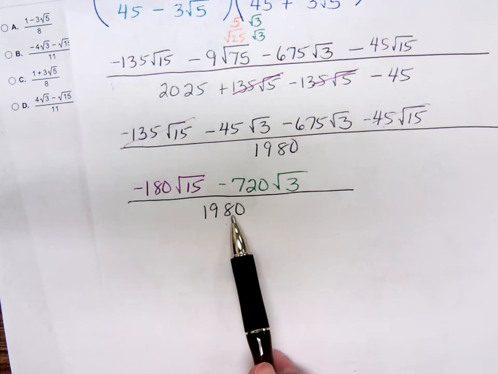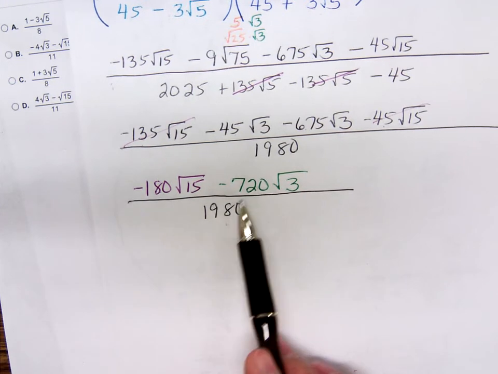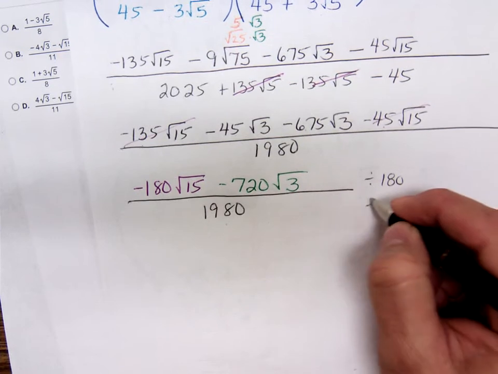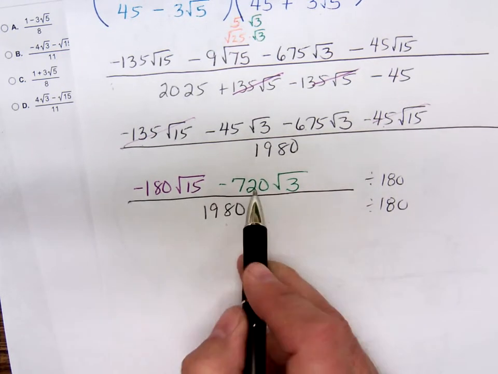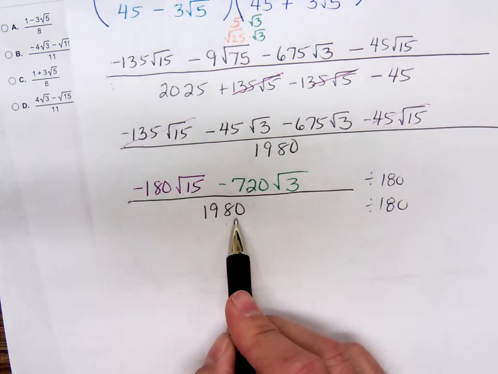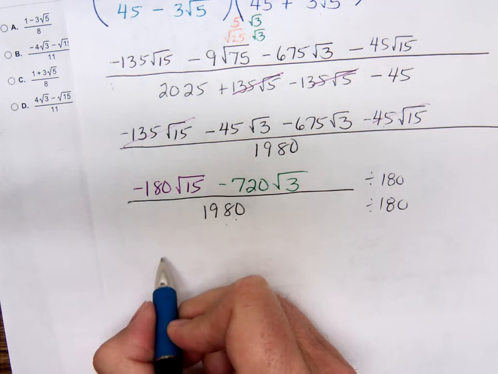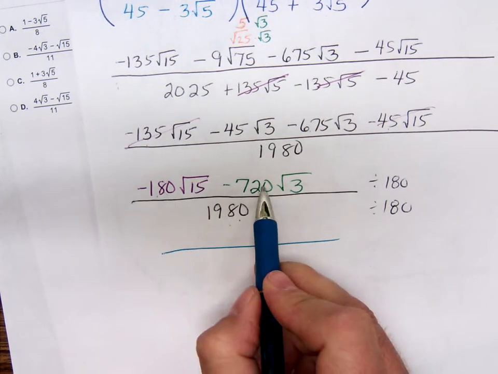But if you divide all three of these by 180, or sometimes students like to write it by factoring out and then canceling, a fast and dirty way to do it is to just divide these three numbers here by 180.